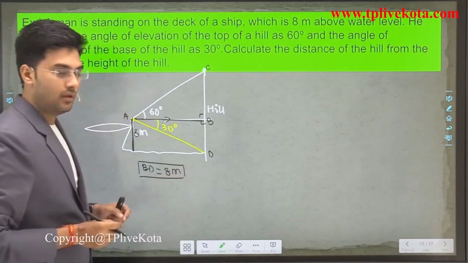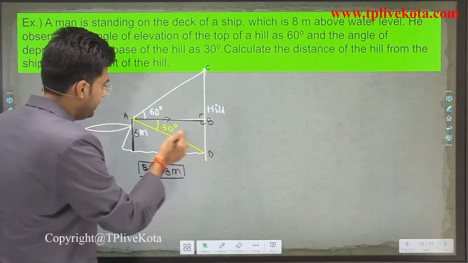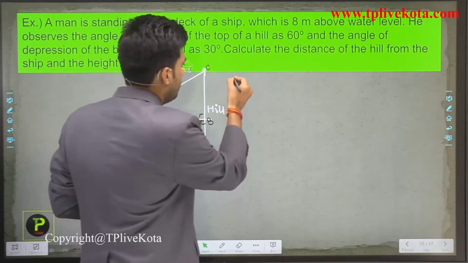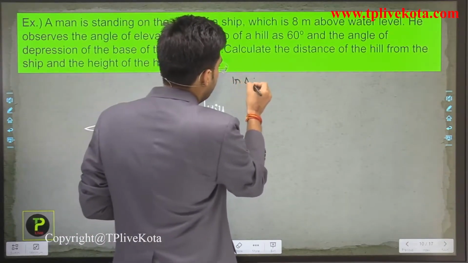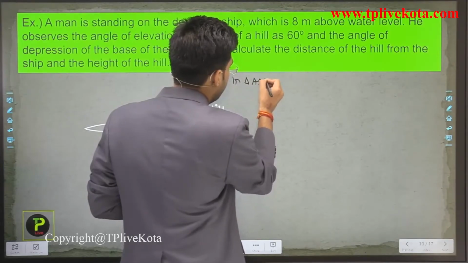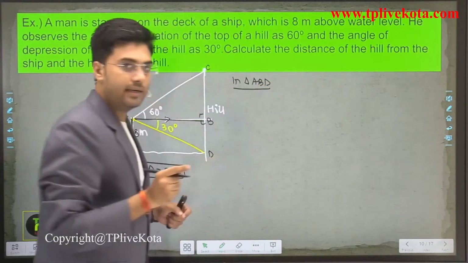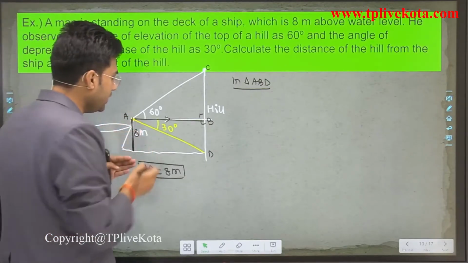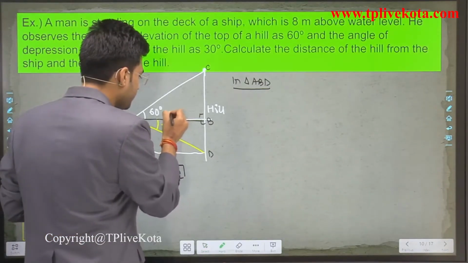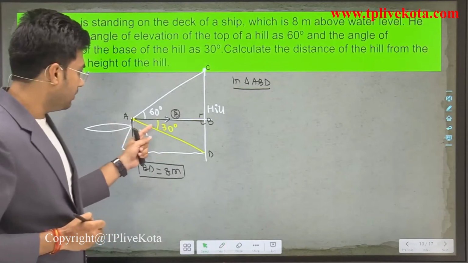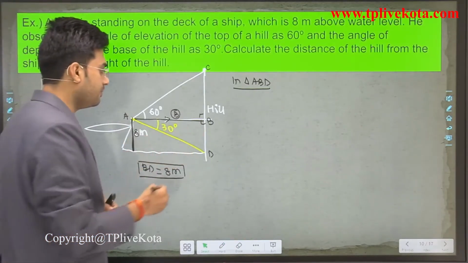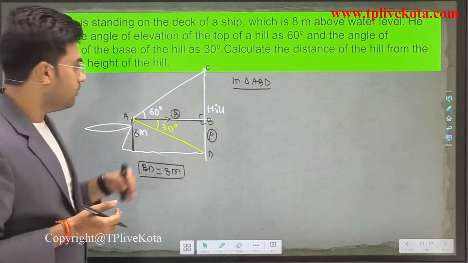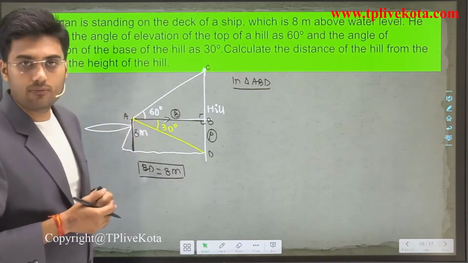Now if BD is 8 meter, then in triangle ABD, this is also a right angle triangle and we use this 30 degree. This is the base, and the side opposite to this 30 degree is the perpendicular. We have the perpendicular and we are required to find the value of base.